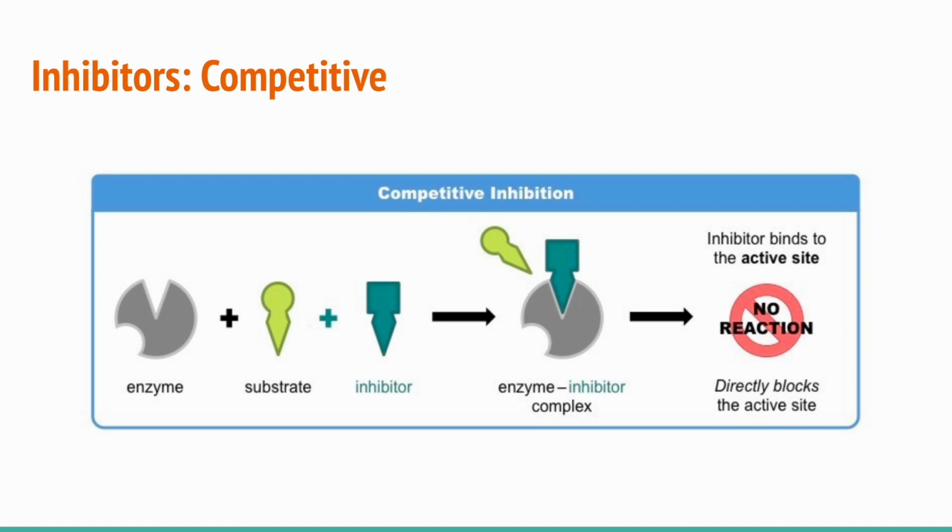Now, if you increase substrate concentration, the effect of the inhibitor will be reduced, so there would be less successful enzyme inhibitor collisions, and thus the inhibition rate would be lower, and more enzyme substrate complexes, and thus enzyme product complexes would be able to form.